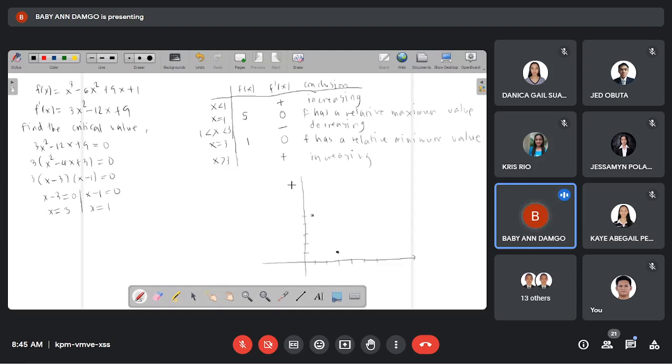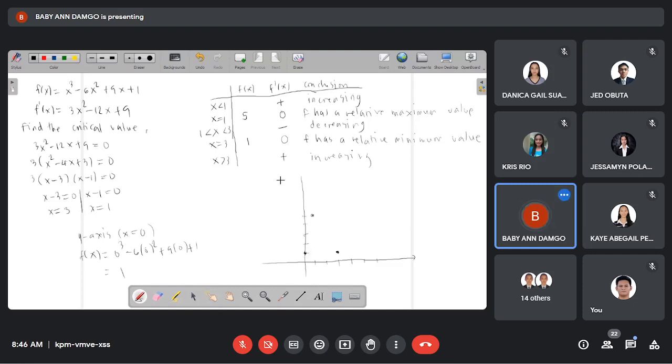In this class, the graph intersects the y-axis. So we have here the y-axis. We let x equal 0. So f of x is equal to 0 cubed minus 6 times 0 squared plus 9 times 0 plus 1, which is equal to 1. So it intersects here.